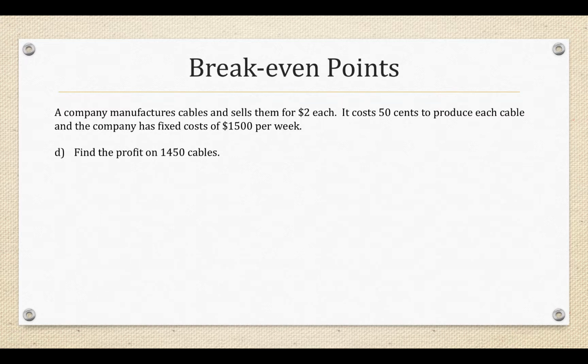So now we're asked to find the profit on 1,450 cables. So the revenue on 1,450 cables, using our y equals 2x, will give us 2 times 1,450, or $2,900.